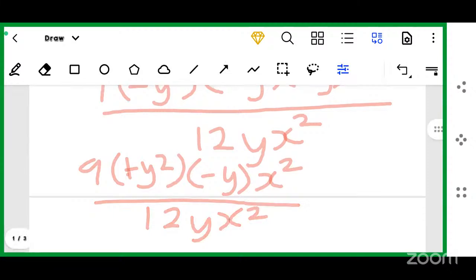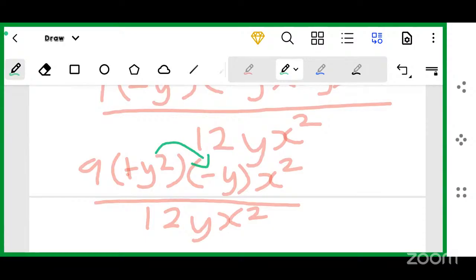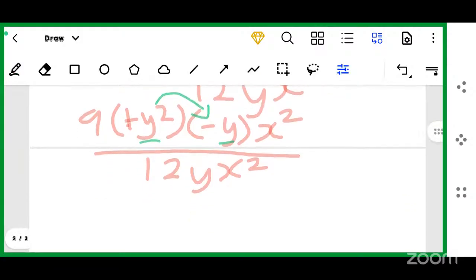So we're going to again multiply these two because they are like terms: it's a y, it's a y, and it's a y. So when you say y to the power of 2 multiplied by negative y, it's going to change the sign and it's going to be a negative y.